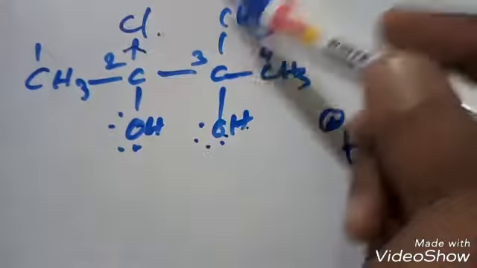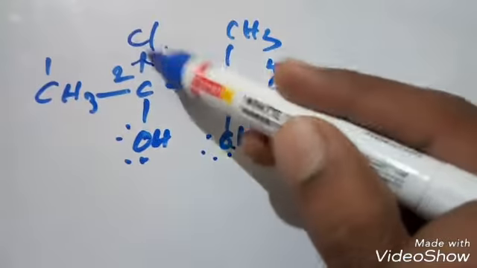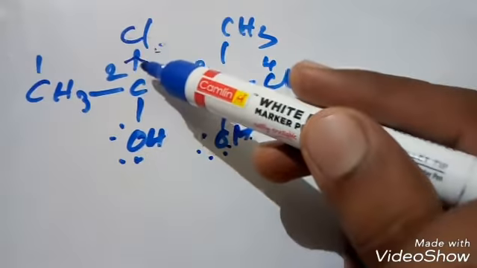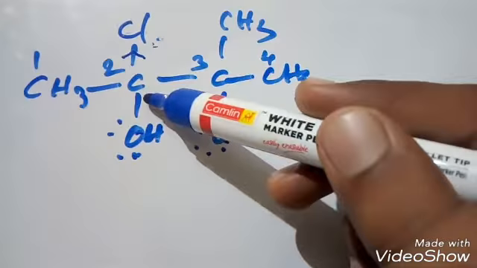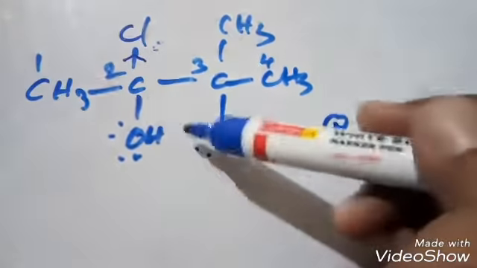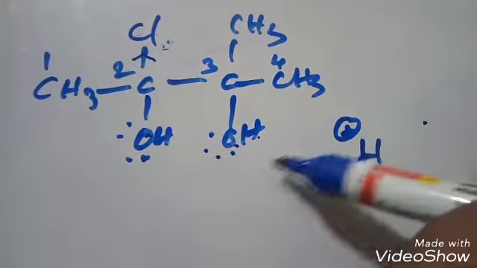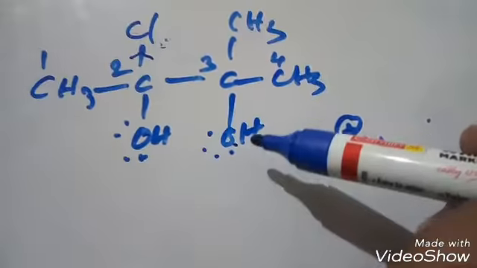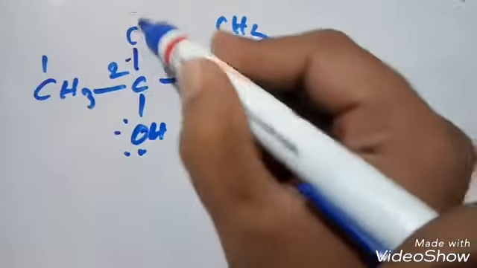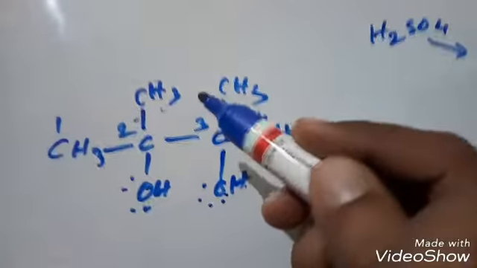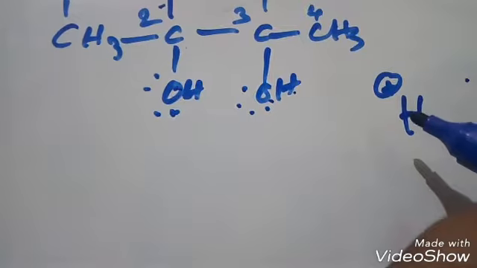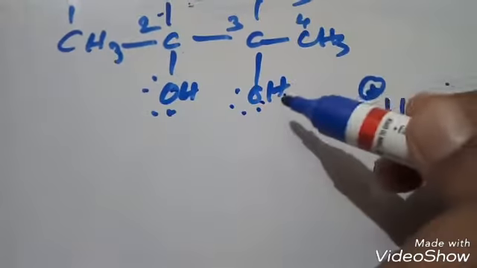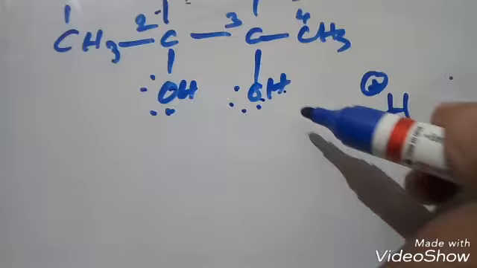The reverse may happen if there is an electron donating group like phenyl or something, an electron donating group, then more electron will be available here and this hydrogen will combine here. So in this case, both are equal, so H plus will be attacked by either oxygen.